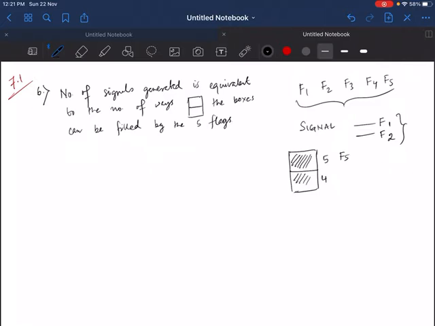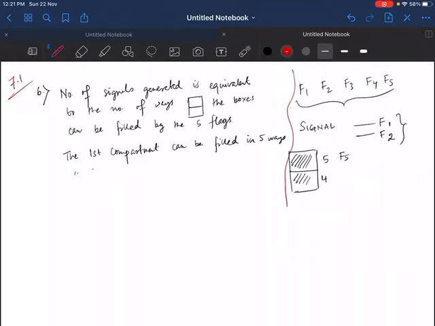Clear? The first compartment can be filled in 5 ways, and the second compartment can be filled in 4 ways, which we have already discussed.